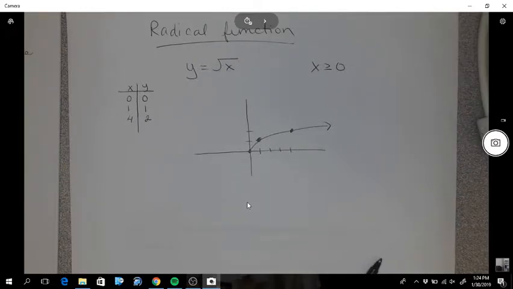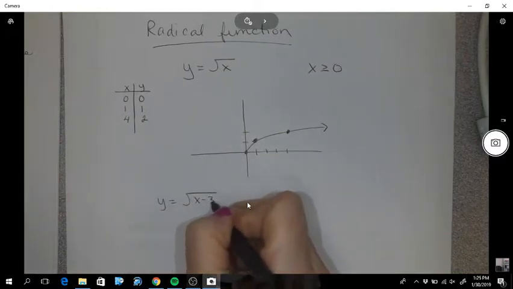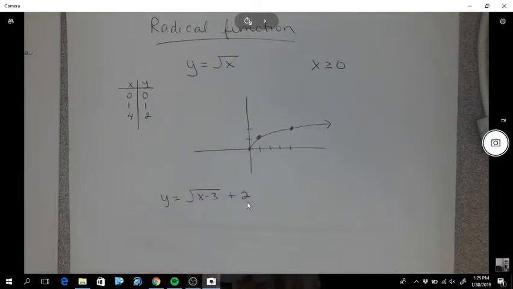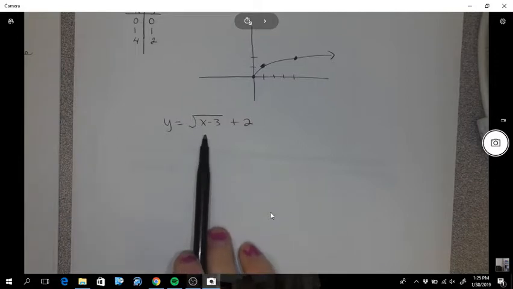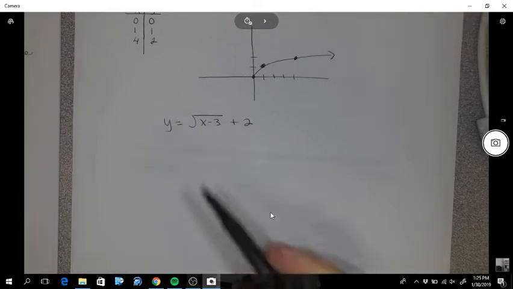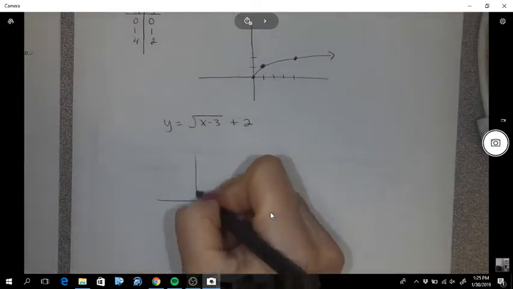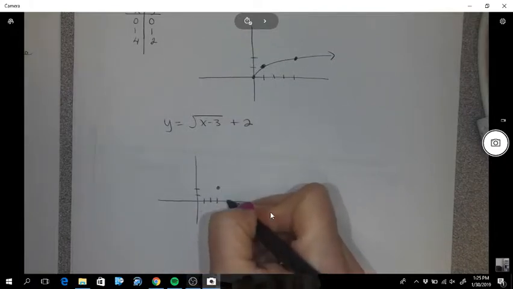Now let's look at some transformations. Okay, so when I look at this, I can see two transformations. The x value is being changed, and that would be 3 to the right. And then the +2 transformation moves this graph up 2. So that means our starting point is now going to be 3, 2.